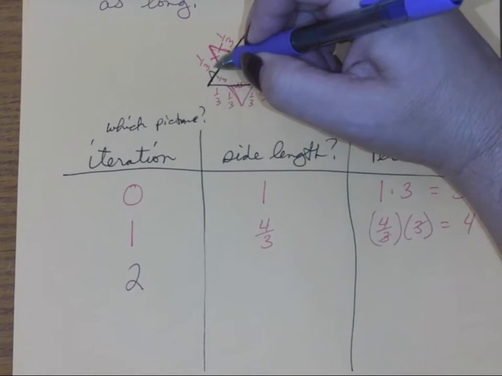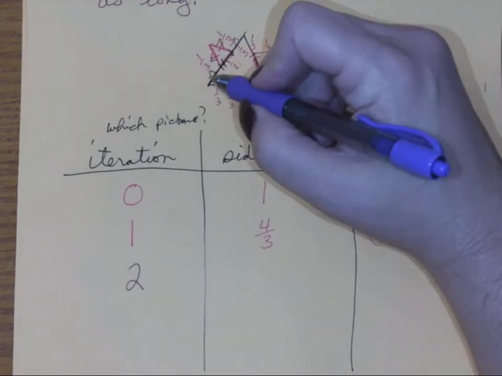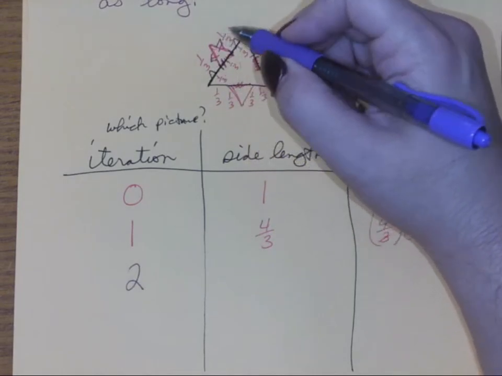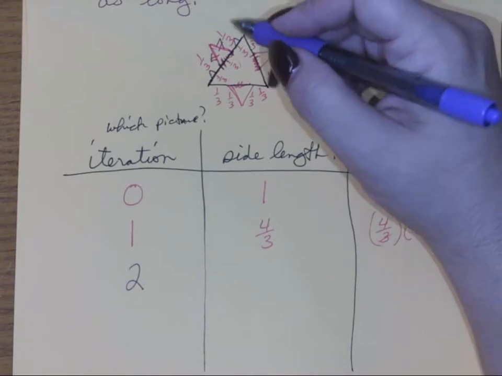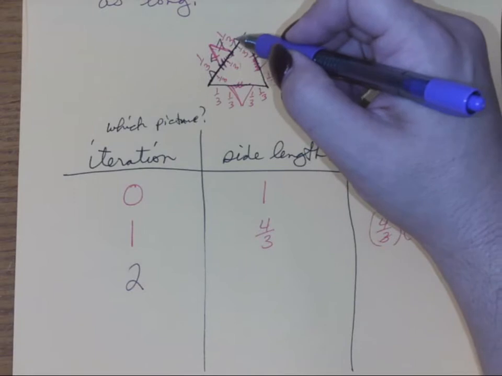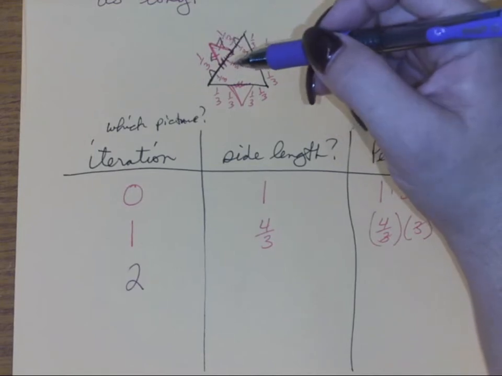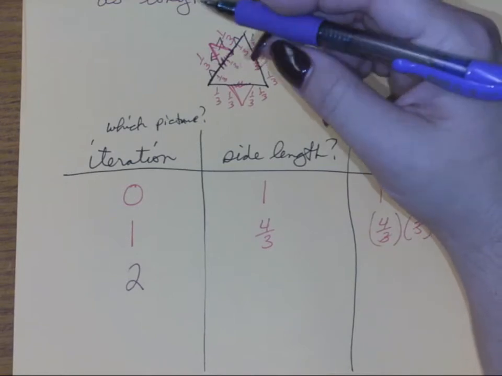I would have an extra piece here, an extra piece here, extra piece there, and an extra piece there, right? Let me count them. Hang on a second. I think I miscounted. Sorry. Oh, I know what I did.